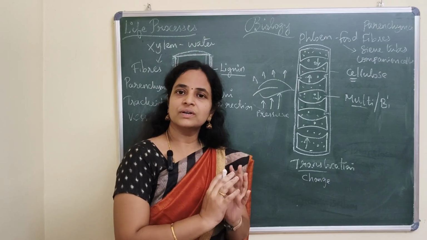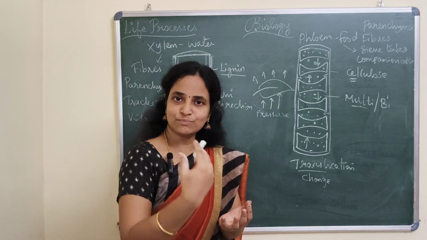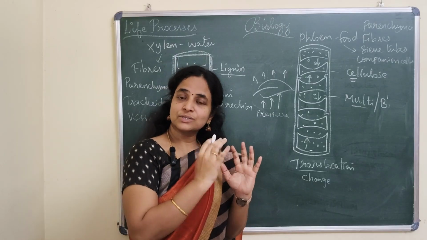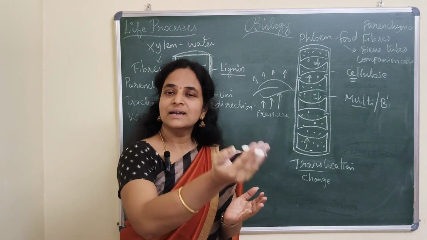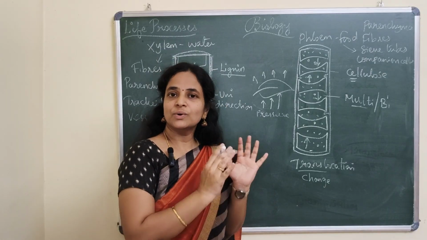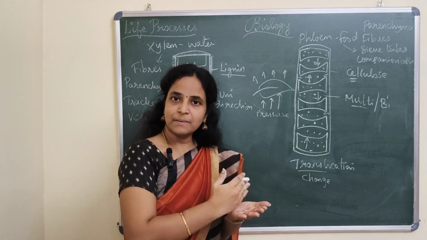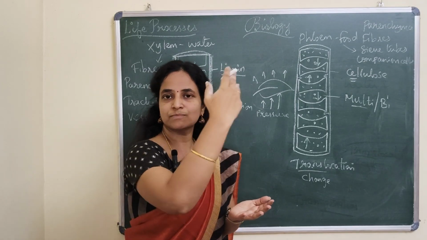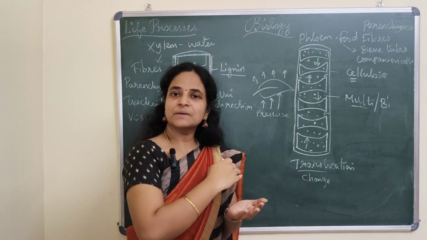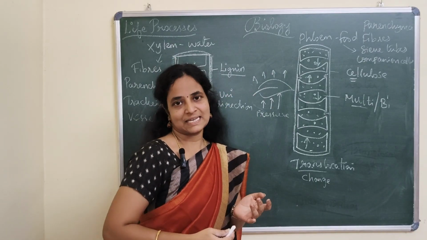Whenever the plant is in need, say for example a plant has to bloom, that stored energy has to be translocated to the bud in order to bloom. When it is stored, the osmotic pressure will be high, and when it is moved from storage to the bud, the osmotic pressure goes down. So this is how translocation takes place.